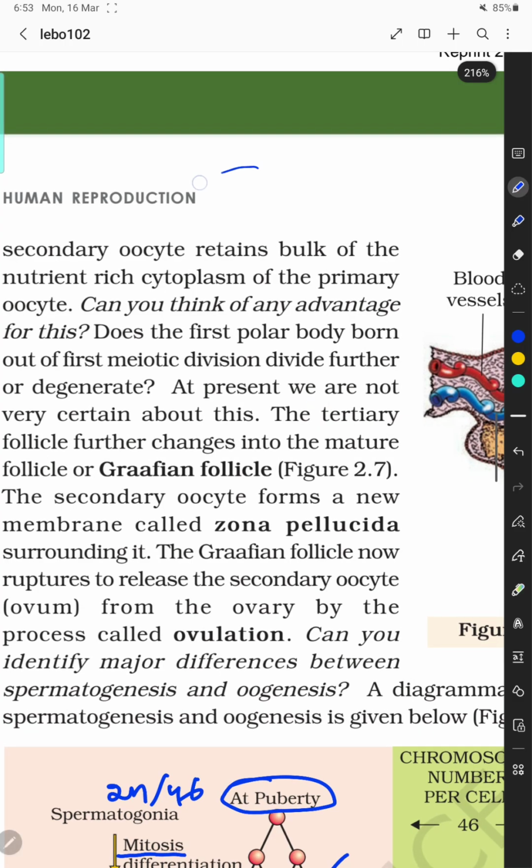Okay, suppose say this is graafian follicle. Okay, and I have told you that there is secondary oocyte in it.